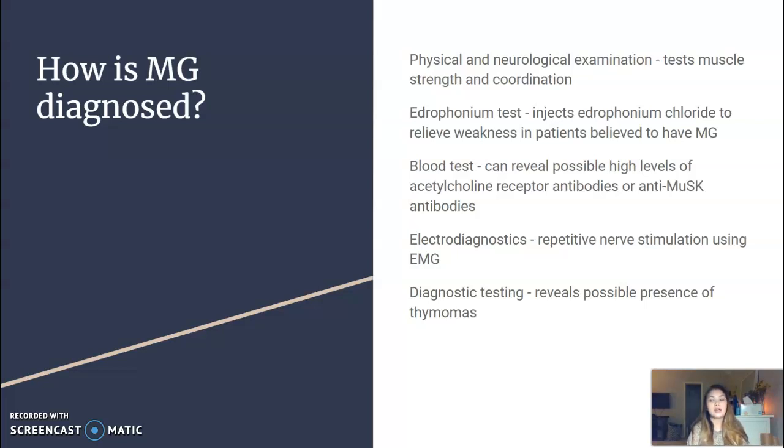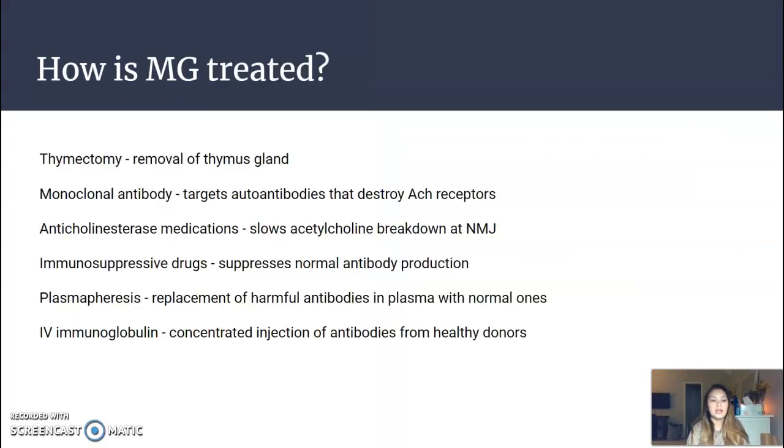So CTs and MRIs can catch these thymomas, but it's not a definitive way to say, oh, this person has myasthenia gravis. So it's good for people who have thymomas, but even if the CT scan or MRI goes negative for a thymoma, it doesn't necessarily mean that the patient doesn't have myasthenia gravis.